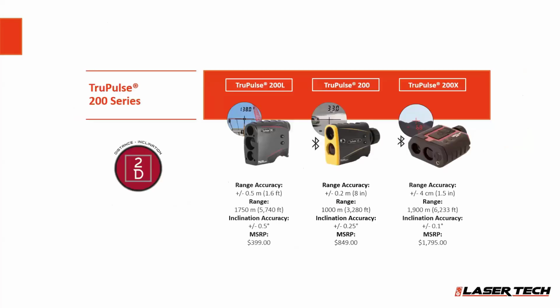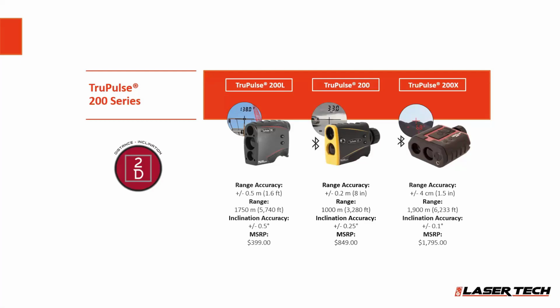So the models that do all these measurement routines: we've got the TruPulse 200 series, which is a 2D, what we call it. So it's got slope distance and inclination capabilities. We've got a TruPulse 200L. You can see the range accuracy is about 1.5 feet, and you can see our price points down below.